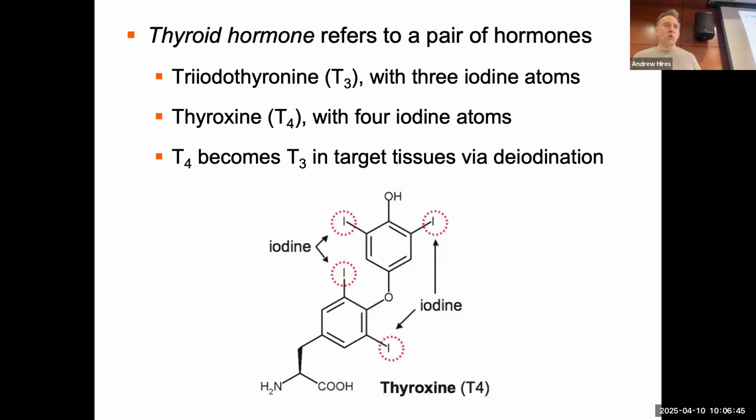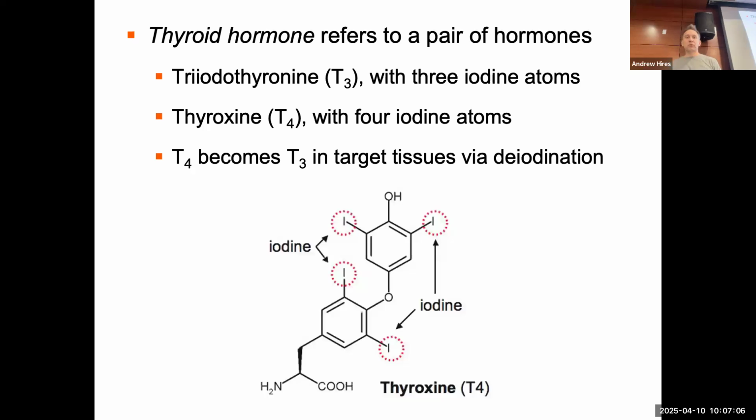Why do we call it triiodothyronine? Thyroxine was discovered first, and that's why it got its special name, thyroxine. Then triiodothyronine was discovered later. But it turns out that T3 is much more active than T4.